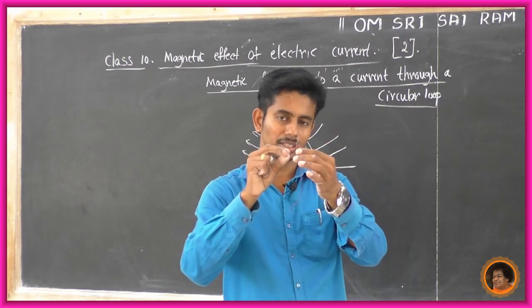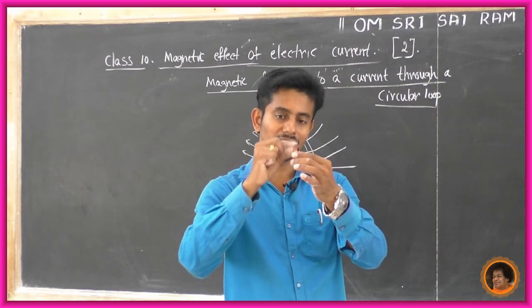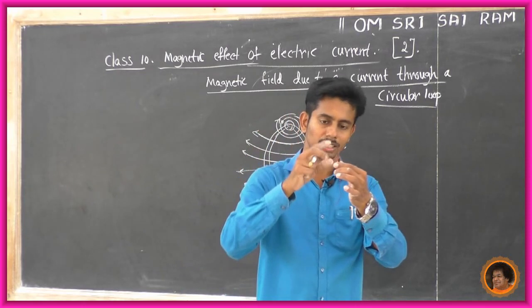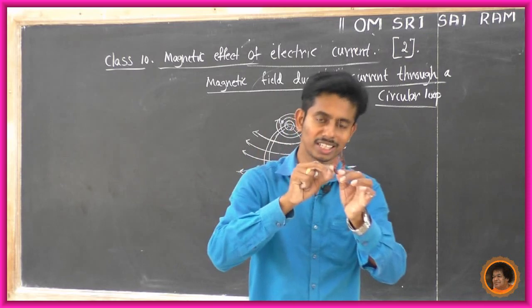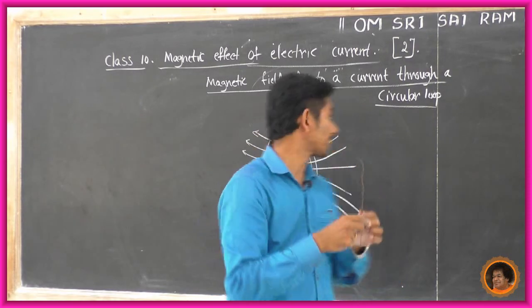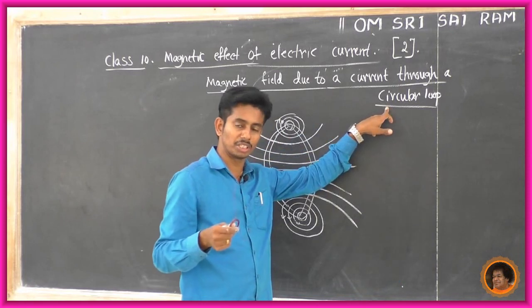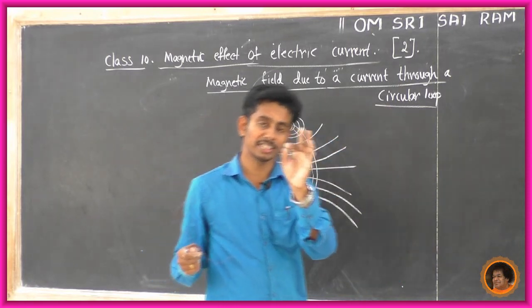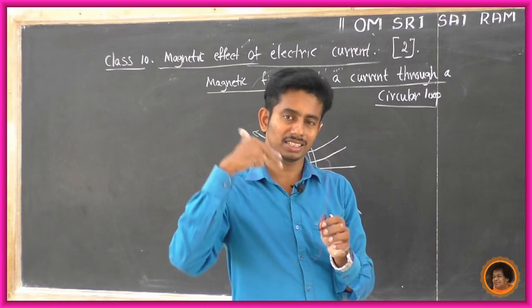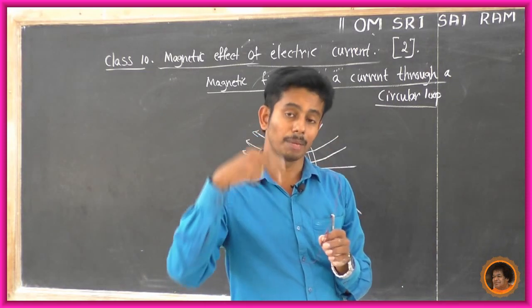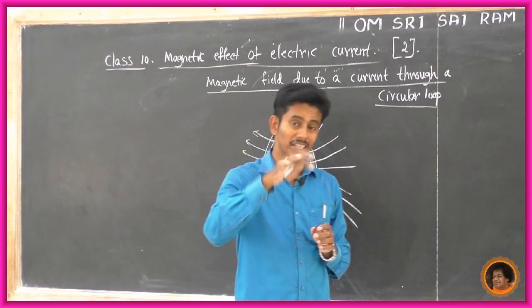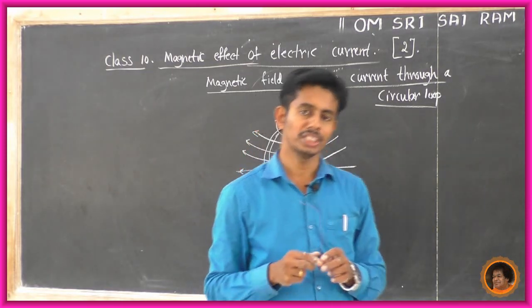In every motor or dynamo, there are many turns of coil. Why? Because if the number of turns increases, the magnetic field also increases. If the circular loops increase 2 times, the magnetic field also increases 2 times. So they are directly proportional to each other.